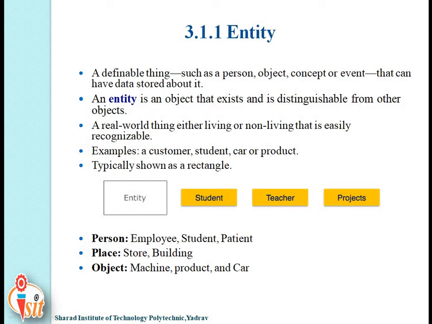There are various examples of entities like customer, student, car, product, teacher, table, fan, chair. These are a few examples of entity. Always remember one thing, that an entity is represented by means of a rectangle having the entity name.